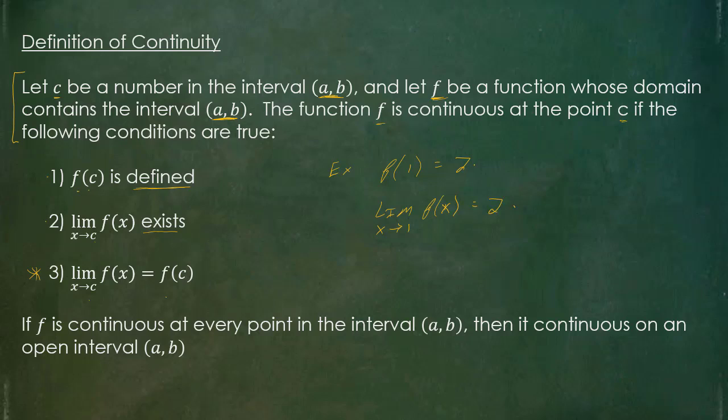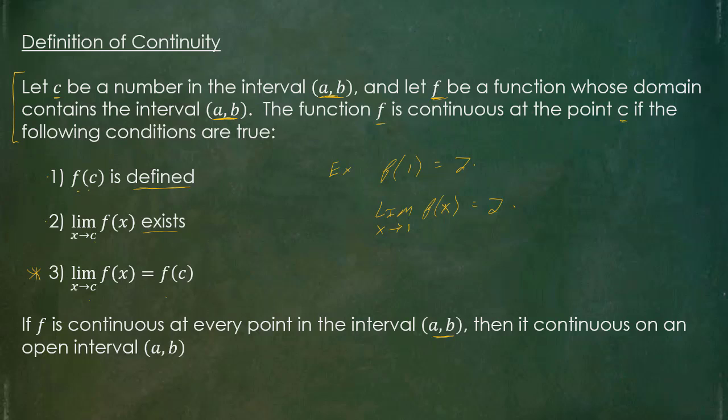If these two numbers agree, then I can say that at that value of 1, the function is continuous. And what we can say at the very end here is if f is continuous on every point inside that interval of a to b, then we can say it's continuous on that entire interval a to b. So it has to be true for every single point.